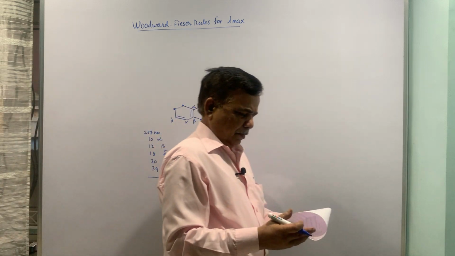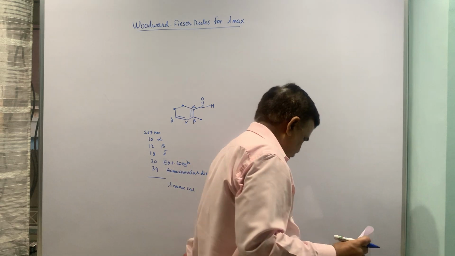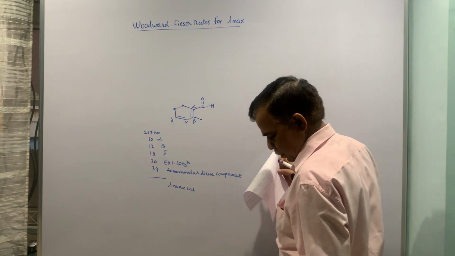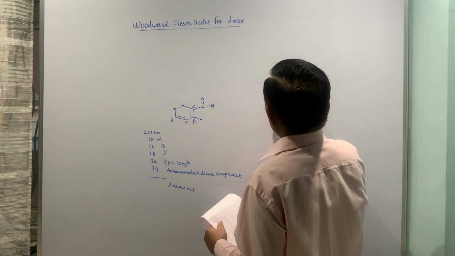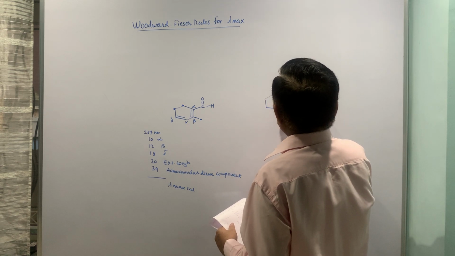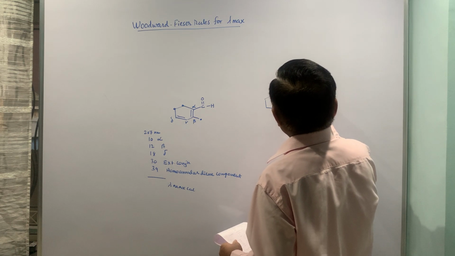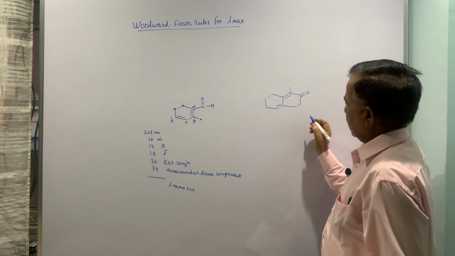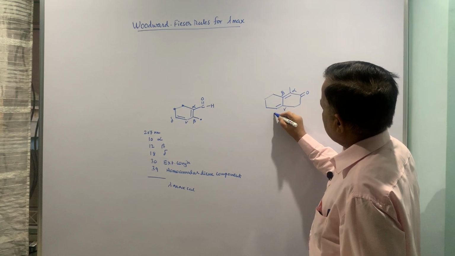Now let us see the second example. Let me put it here. Okay, alpha, beta, gamma, delta.